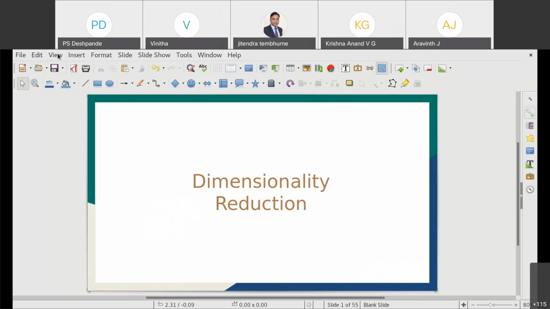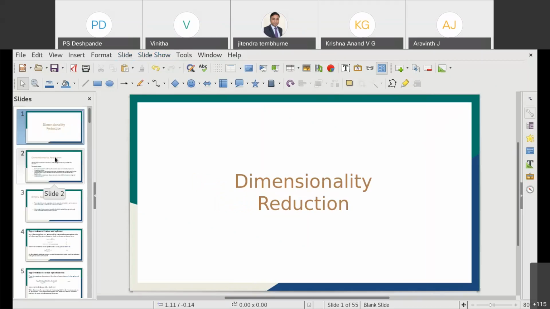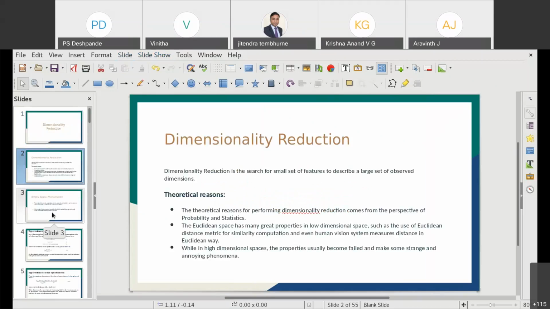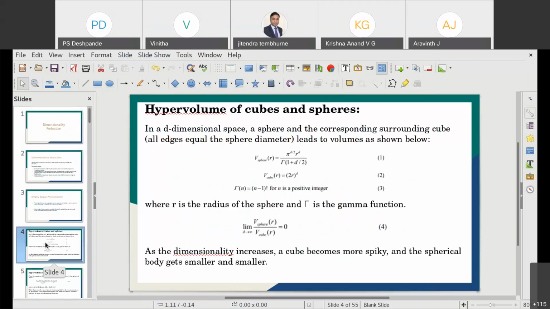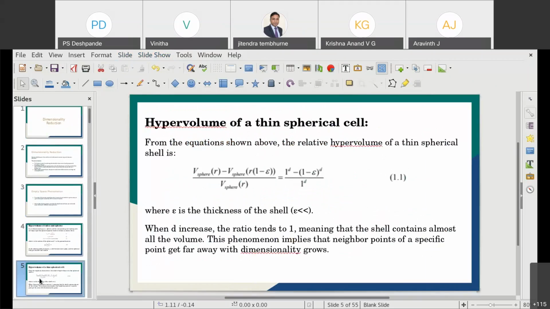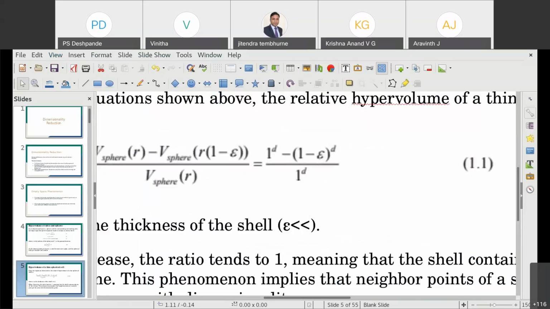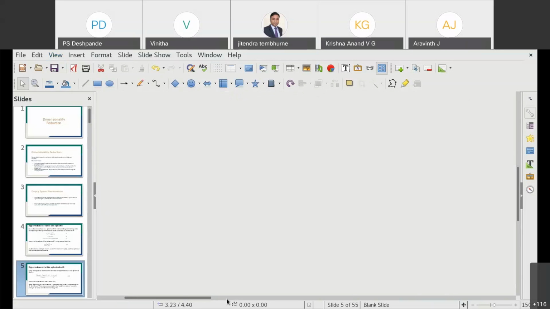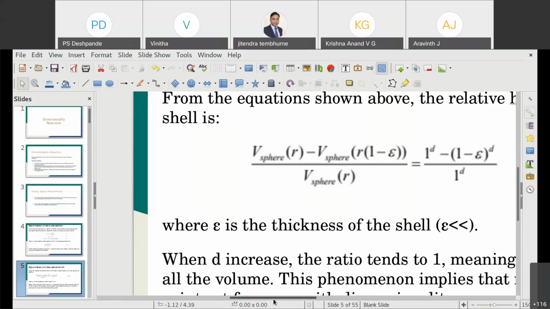But it is the first slide. That is the second slide. Yes, sir, second slide, third slide. Okay, now it is visible.